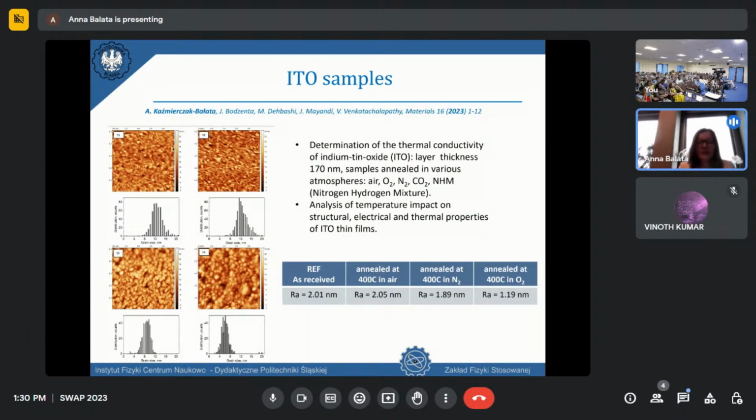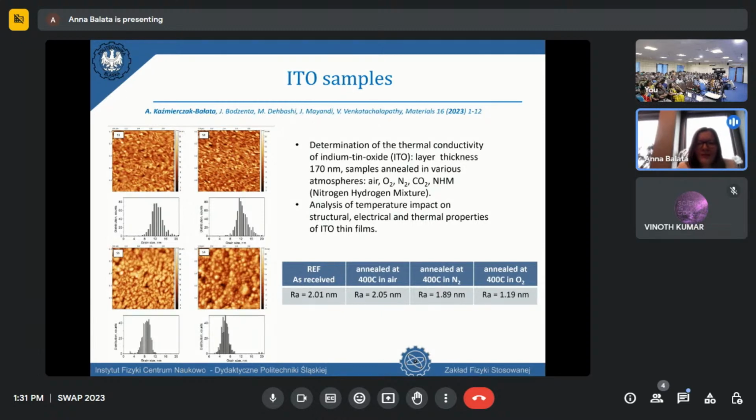We can see here some results from AFM studies. The first one is the reference sample. S2 is the sample annealed in air. S3 and S4 are samples annealed in nitrogen and oxygen.